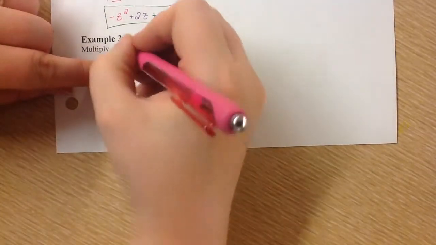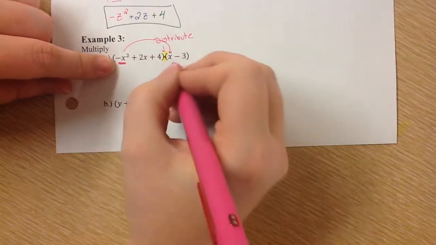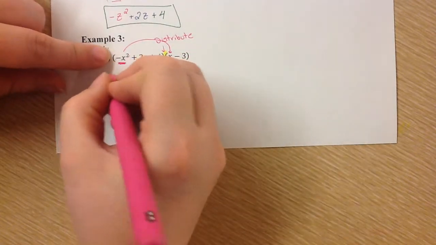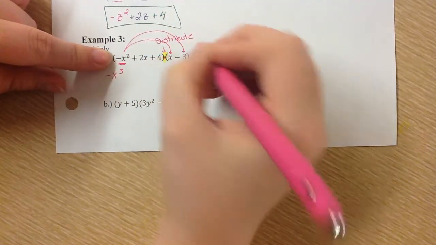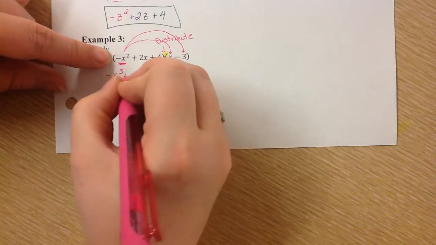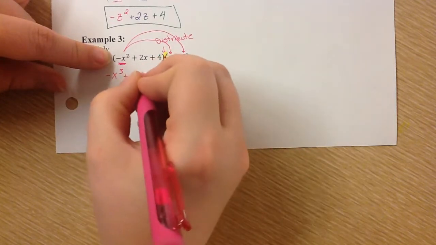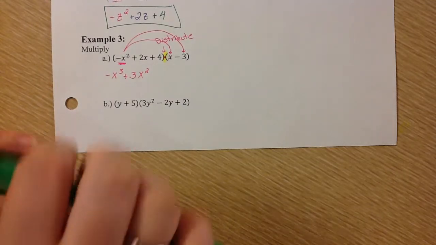I'm going to take this negative x to the second times both of these things. So negative x to the second times a positive x gives me a negative x to the third. And then negative x to the second times a negative 3. Negative times a negative is positive. That would give me 3x to the second. So I'm done distributing my negative x to the second.